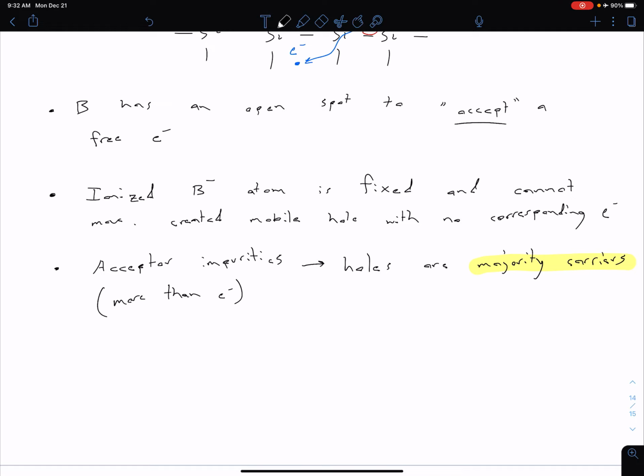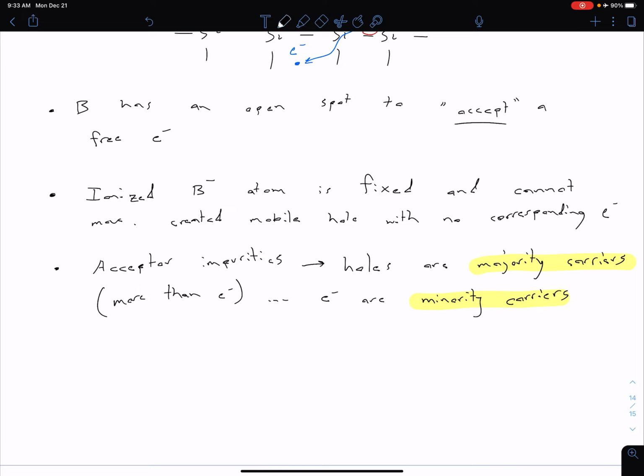For that reason, our holes are called our majority carriers. Something I didn't mention explicitly in our previous video is that this means our electrons are then called our minority carriers because there are fewer of them. In our previous video, we could have said that our electrons were our majority carriers and our holes were our minority carriers for that case.